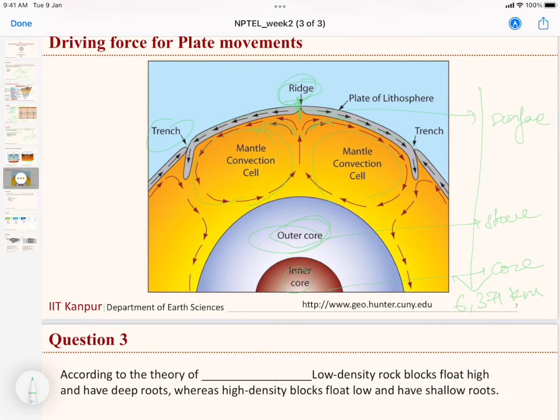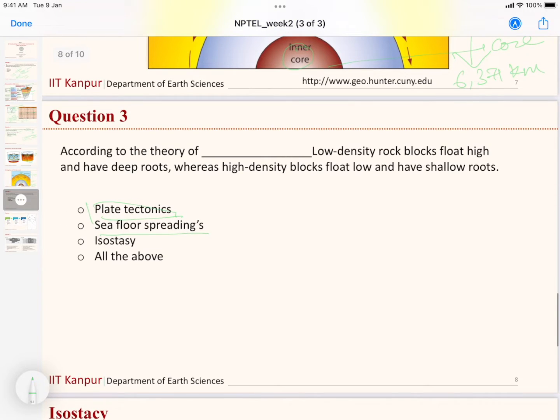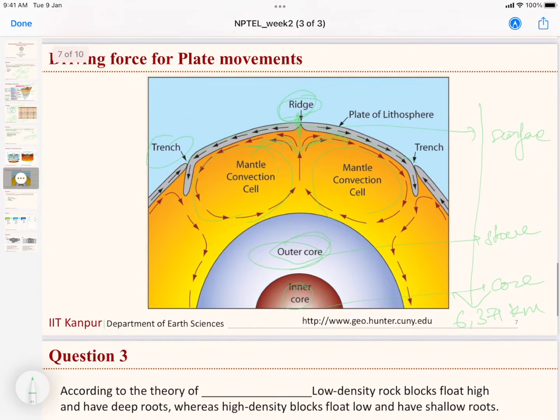As its name suggests, the seafloor is spreading because it is diverging. Now the plates are diverging, and this hot mantle will come to the surface and will form the new plates. That phenomenon we call seafloor spreading. But since we are talking about the deeper roots, definitely seafloor spreading would not be the wise choice, because this happens when we talk about the plate level, that is the lithospheric level.